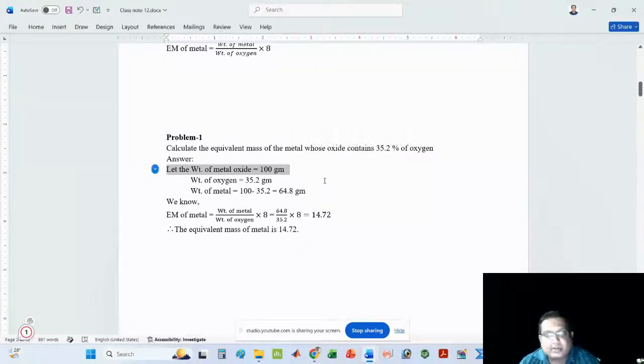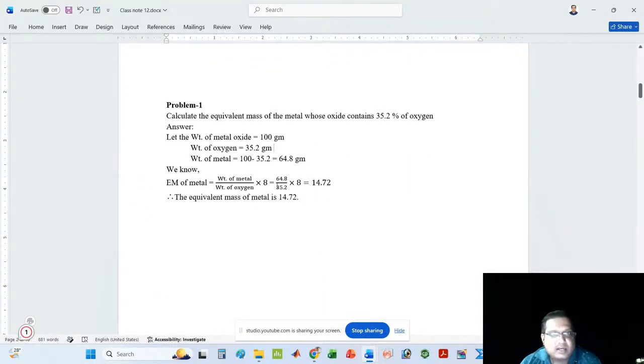Then as per the question, the weight of oxygen is 35.2 gram. Like that, we can also find the weight of metal: 100 minus 35.2 is equal to 64.8 gram. That means in the metal oxide, the weight of oxygen is 35.2 gram and the weight of metal is 64.8 gram.